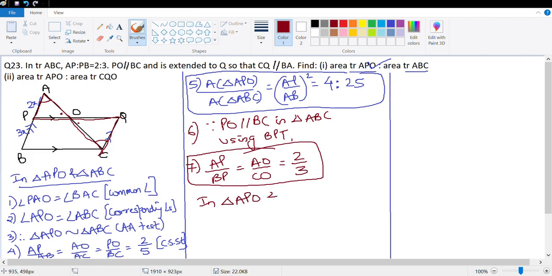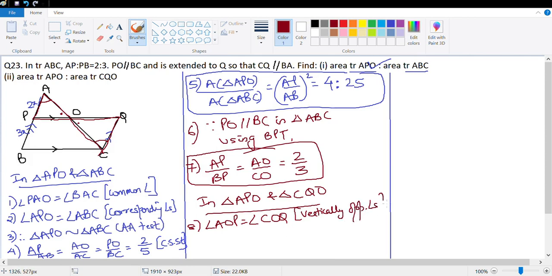So in triangle APO and triangle CQO, what I get is angle AOP is equal to angle COQ. This is vertically opposite angles. And then the next one would be angle OAP is equal to angle OCQ.